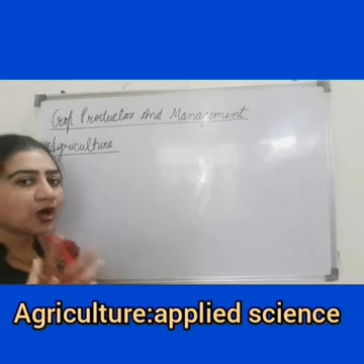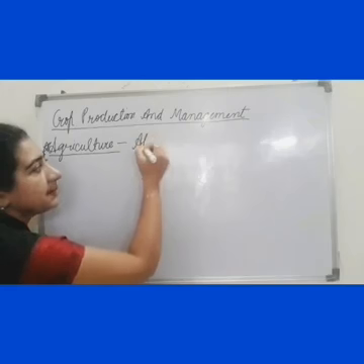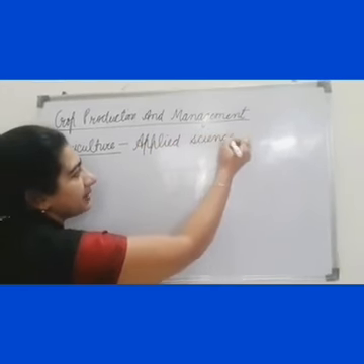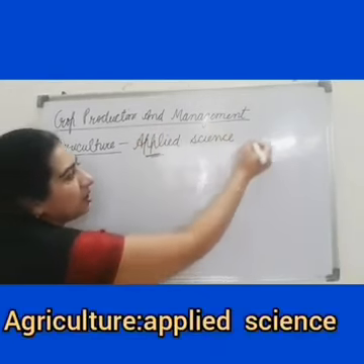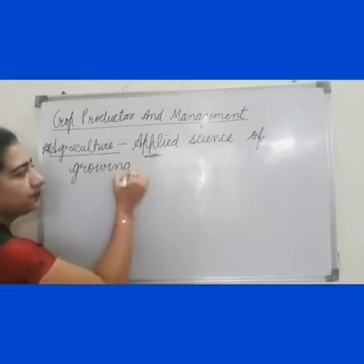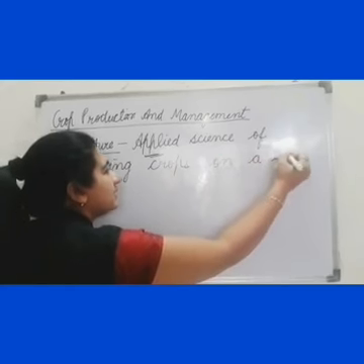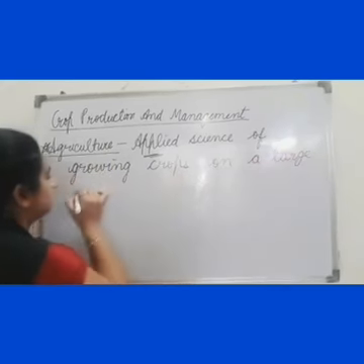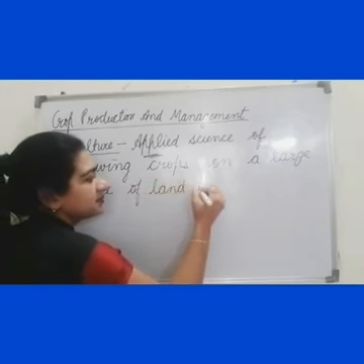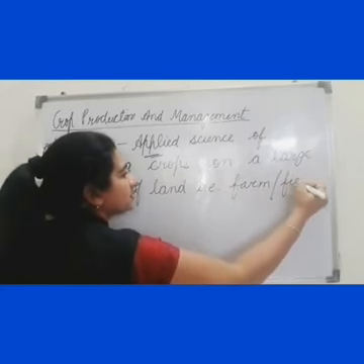So, what is agriculture? Agriculture is the applied science of growing crops on a large piece of land, that is, a farm or field.